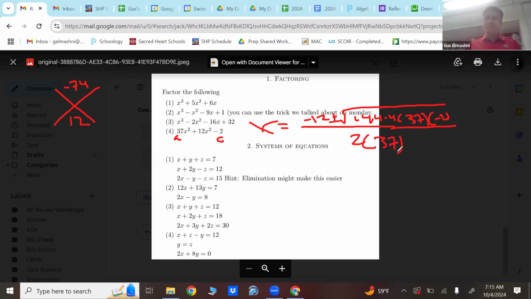Let me get a calculator. Hold on. 4 times 37 times -2. 144 minus that number. You get 440.